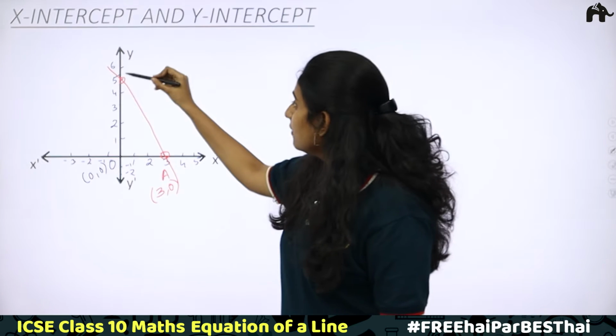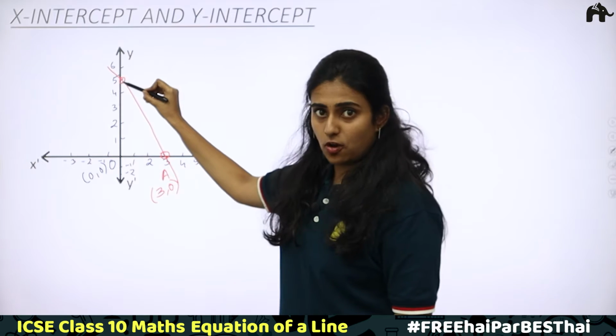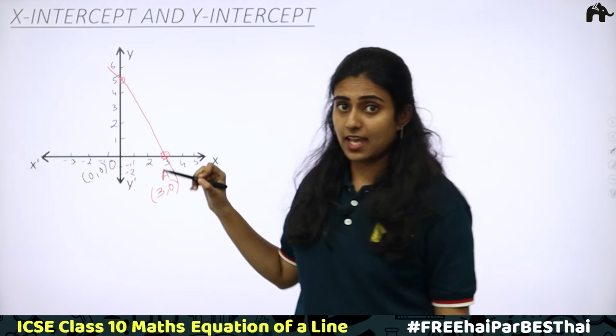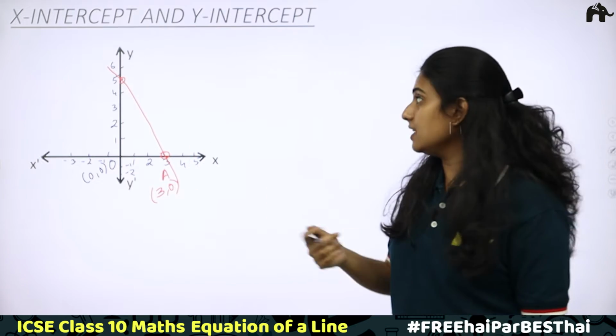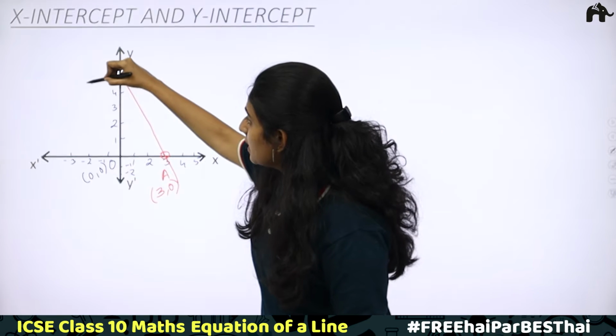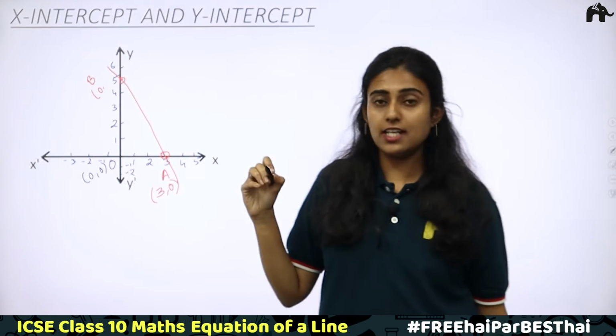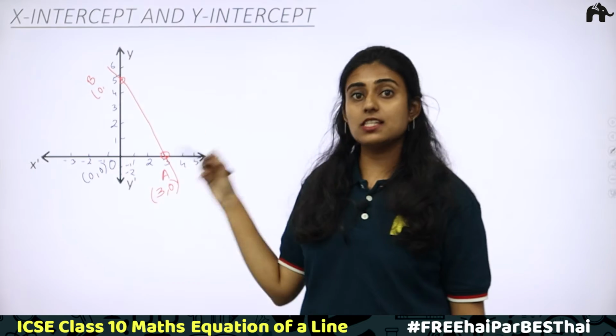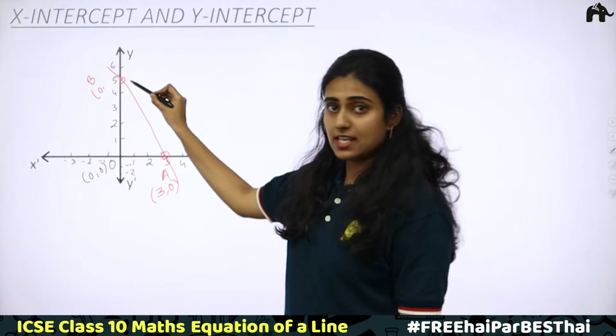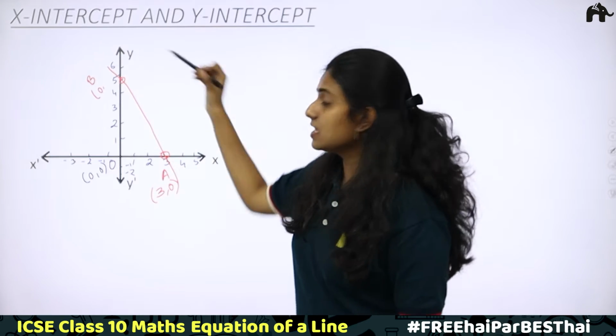Now, consider this point. A point that lies on the y-axis has the x-coordinate 0. So this is my point B. The x-coordinate is 0. What about the y-coordinate? It is the distance along the y-axis from the origin. What is the distance it has travelled? It has travelled a distance of 5 units.